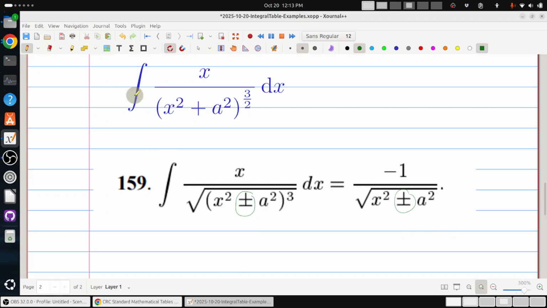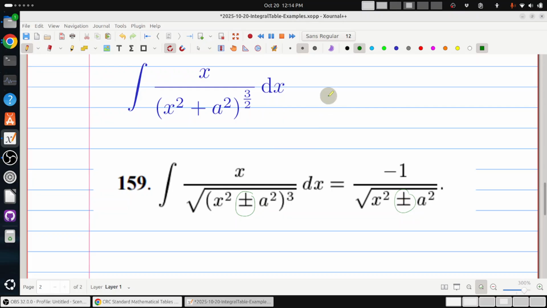The other difference here is that this one is to the 3/2 power, and this is the square root of this function cubed. But we know that's how it works: the 3/2 power is the square root of the value cubed. So this is indeed the sort of format I should have.